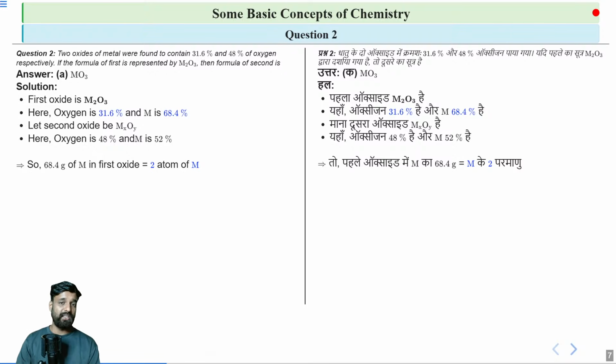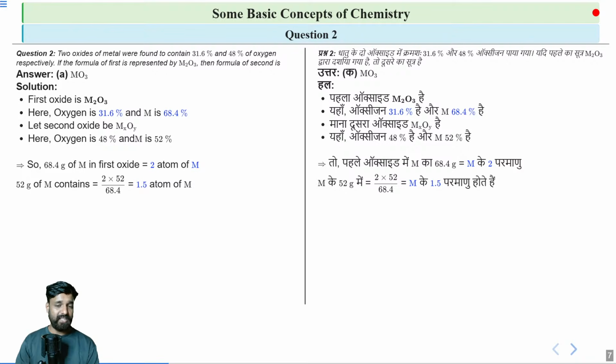What we can say is that 68.4 grams of metal in the first oxide will contain 2 atoms of metal. Now, if that is true, then we can calculate what 52 grams of metal will contain. We will simply use the unitary method, which is 2 into 52 divided by 68.4, which is 1.5 atoms of metal.